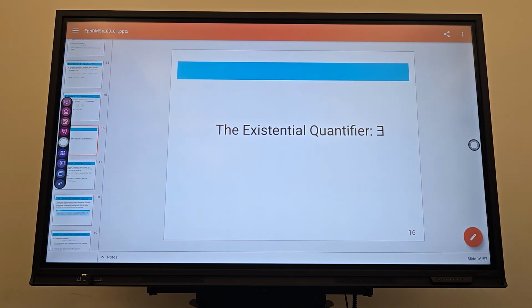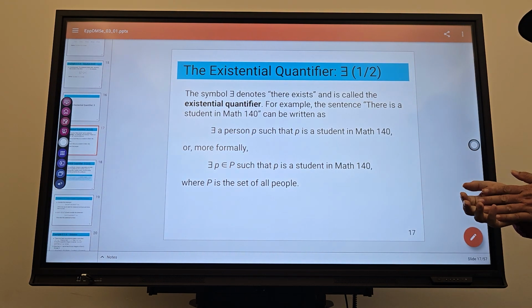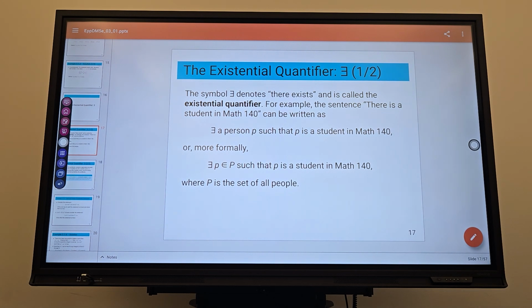The other quantifier is the existential quantifier, the inverted E. This symbol denotes that there exists in the statement, in the sentence, and is called the existential quantifier. For example, the sentence, there is a student in Math 140, can be written as, there exists a person P such that P is a student in Math 140.